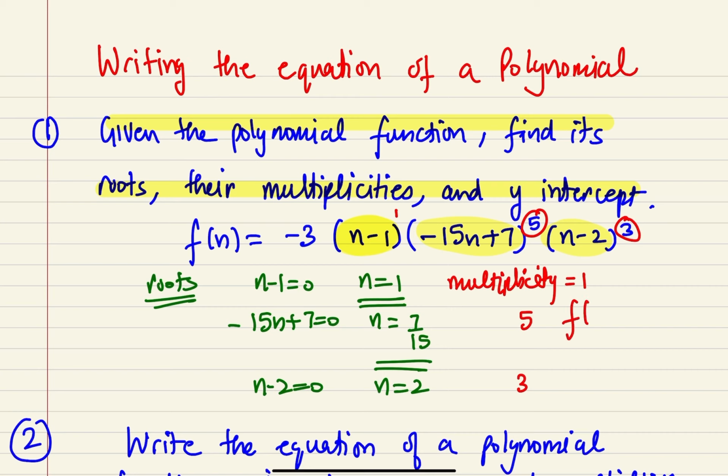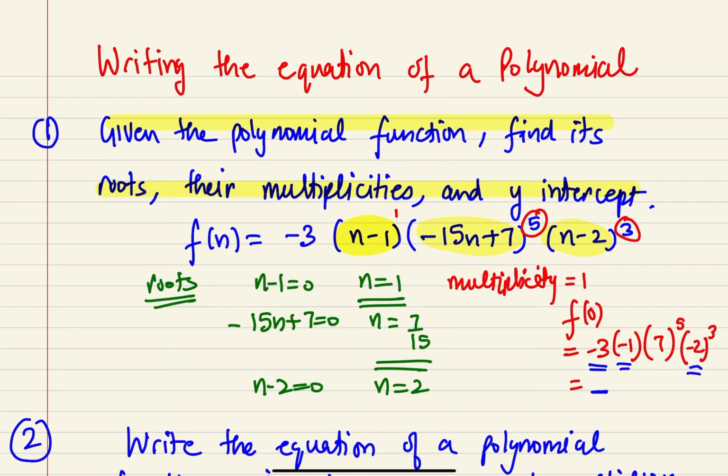So we wanted to find f of 0 here, which would be negative 3 times negative 1 times 7 to the 5th power times negative 2 to the 3rd power. Let's grab a calculator. It's going to be a large number. First of all, let's take care of the sign. A negative times a negative is a positive, and a negative number raised to the 3rd power will be negative.